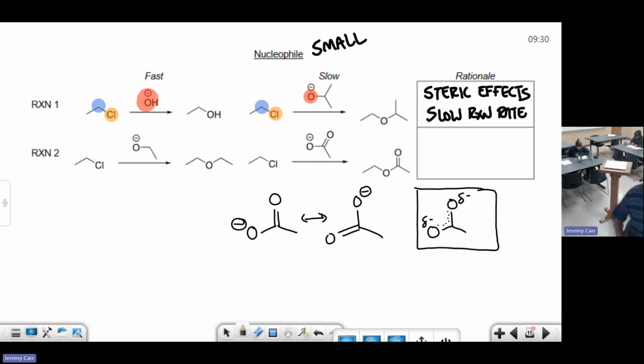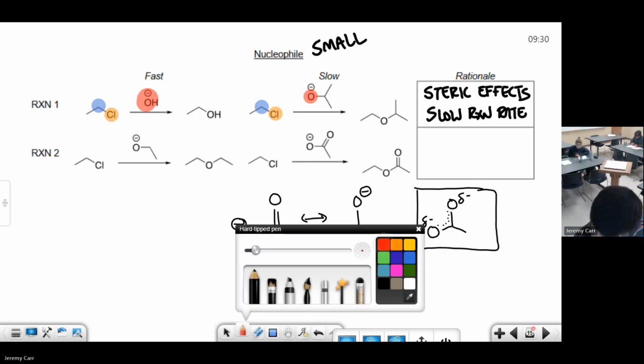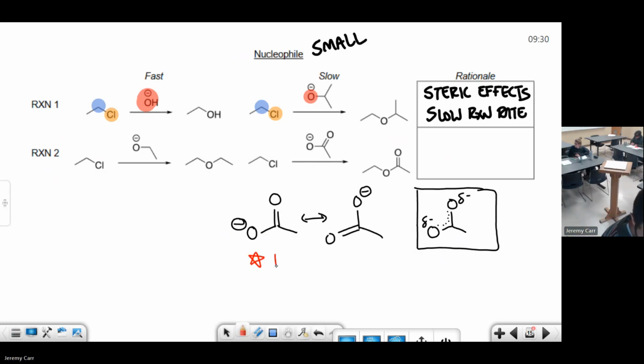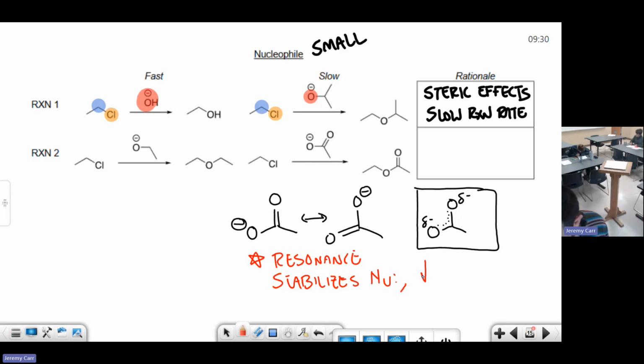Decreases, exactly. So this is the point. Resonance stabilizes the nucleophile. And since it stabilizes the nucleophile, it is going to decrease the reactivity of the nucleophile.